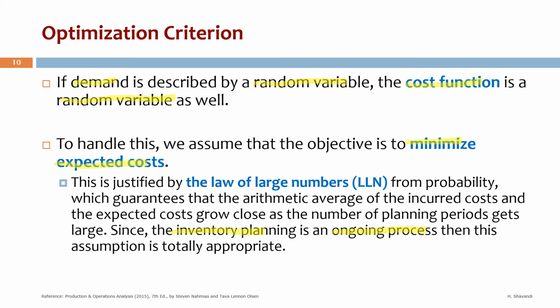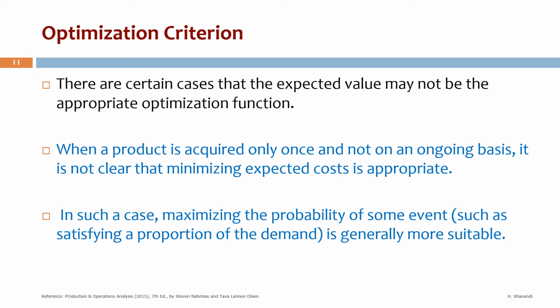Okay. But if we have a case where a product is purchased just one time, since it's not an ongoing process in that business, it's unclear how we can use the expected value. In these cases, if it's for one time or for a very short time, then we can't consider the expected value because the error there will be significant.